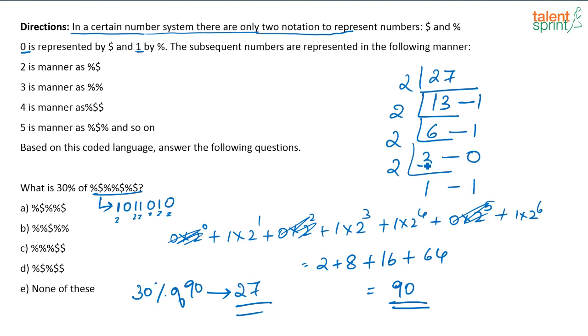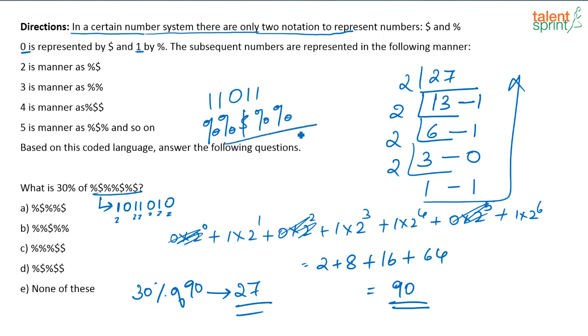So this is what I get. 3 divided by 2, 1, 1 is the remainder. So what's the number that I am looking for? Binary number 1, 1, 0, 1, 1. Or in terms of the symbols that they have given, it is nothing but percentage, percentage, dollar, percentage, percentage. So that is your answer, which is option B.